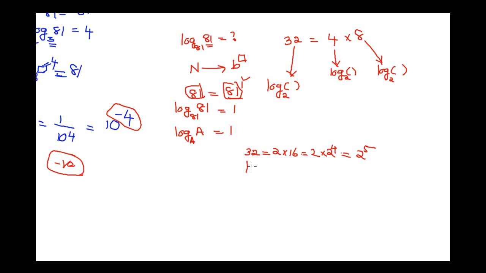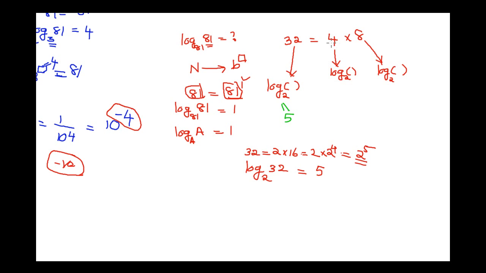That means log 32 to the base 2 is the exponent 5. Right. So the logarithm on the left side is 5.